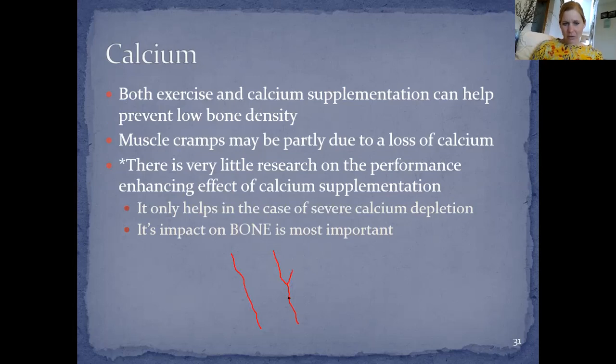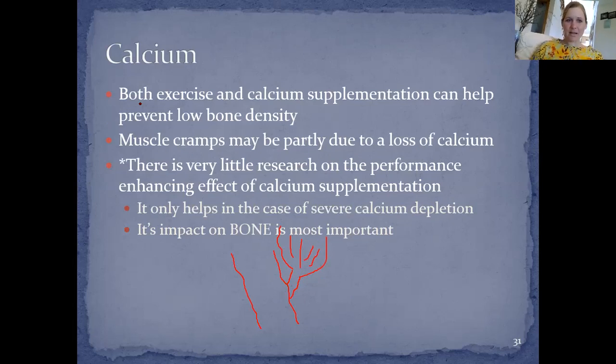In order for movement to occur, I have to have a tendon attached. So this is the tendon and this is the muscle up here. In order for movement to occur, the contraction of the muscle causes a pull on the bone against the tendon, and that's what allows us to have movement.